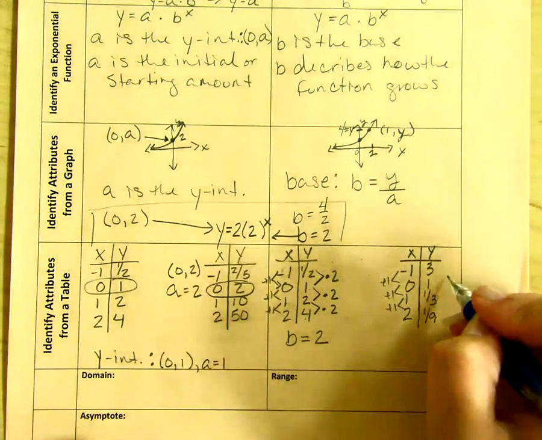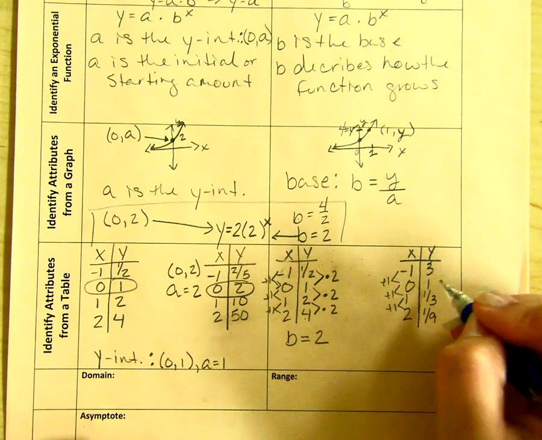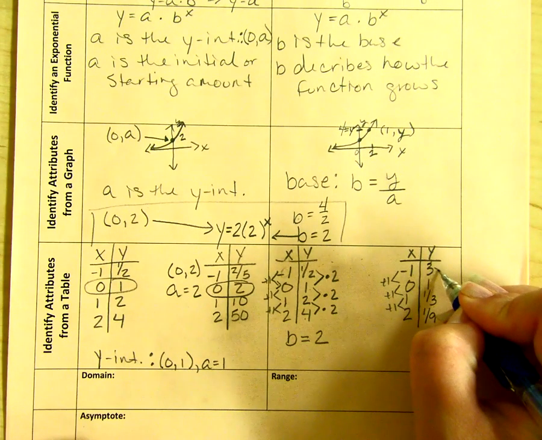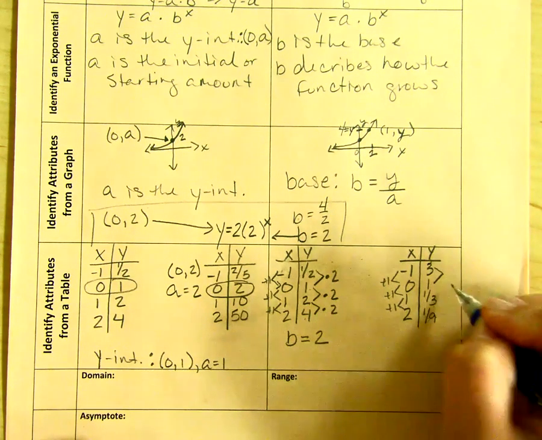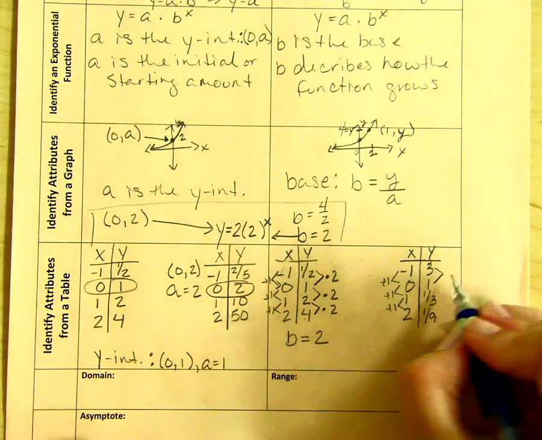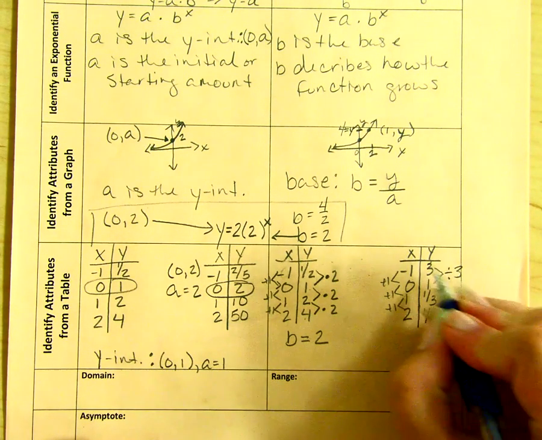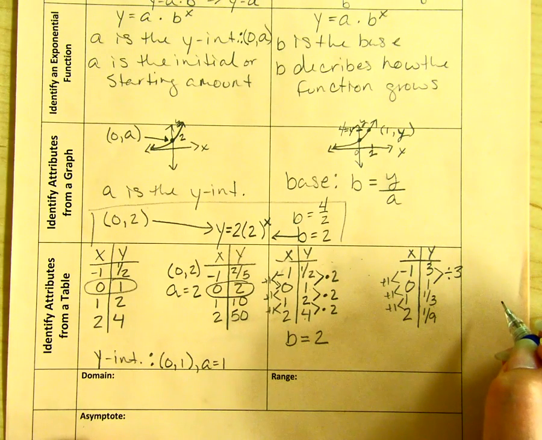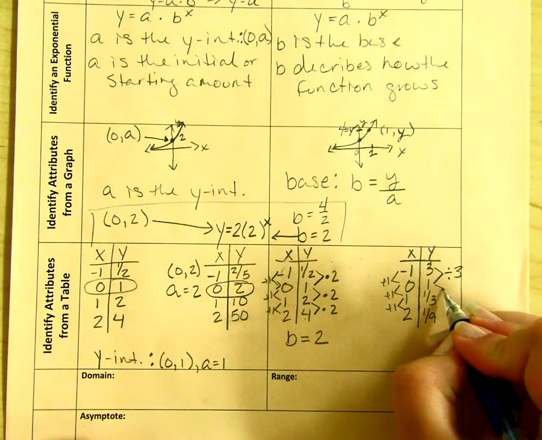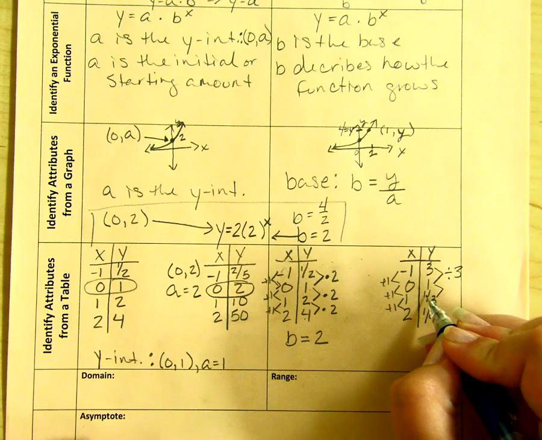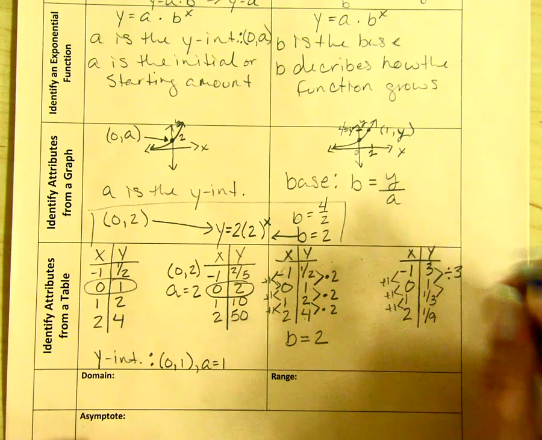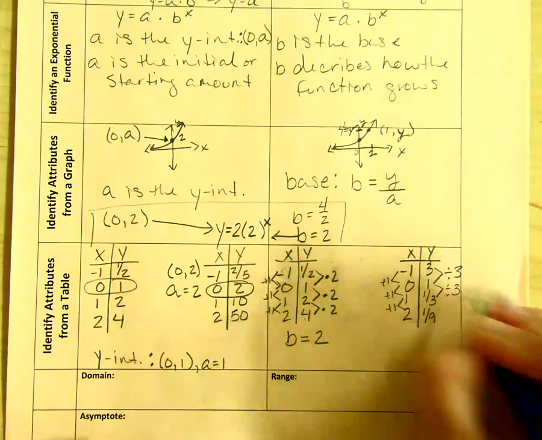Over here, I have 3, and I'm making it a 1. To go from a positive 3 to a positive 1, I'm decreasing. So instead of multiplying, I'm now going to say I'm dividing. And I have to divide 3 by 3 to get to 1. So then you want to check and see if it's going to work for the next point. To go from 1 to 1/3, well, 1/3 is literally 1 divided by 3. So I had to divide by 3 again.